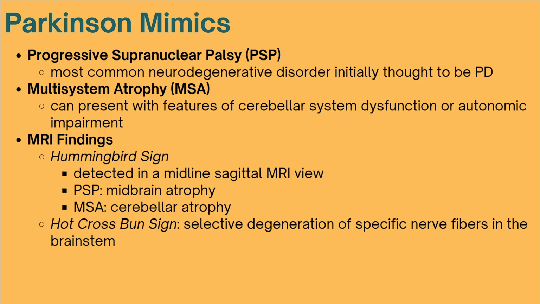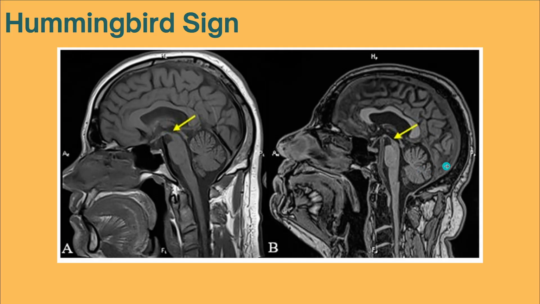In Merritt's Textbook of Neurology, they mentioned this specifically: the hummingbird sign. This is detected in a midline sagittal MRI view, and it actually looks like a hummingbird. I'm going to show you the next slide here. So here is usually the normal presentation of the brainstem, right?